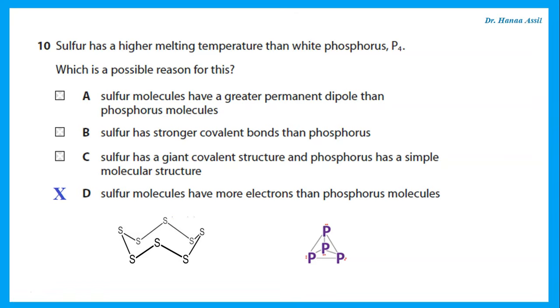Both of them have simple molecular structures with weak intermolecular forces or weak van der Waals forces, but the more electrons we have, the stronger the van der Waals forces. So sulfur obviously has more electrons in its molecule than the phosphorus, so the intermolecular forces will be stronger than that between the phosphorus molecule.